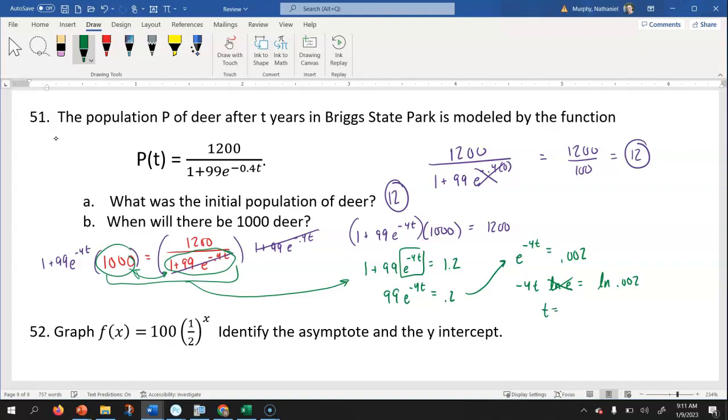To solve for t, I would divide by negative 0.4. When you do that, you get 15.5, or approximately 16 days. That's how long it would take to reach 1,000 deer. Oh, I'm sorry, 16 years. Sorry, time is in years in this one.